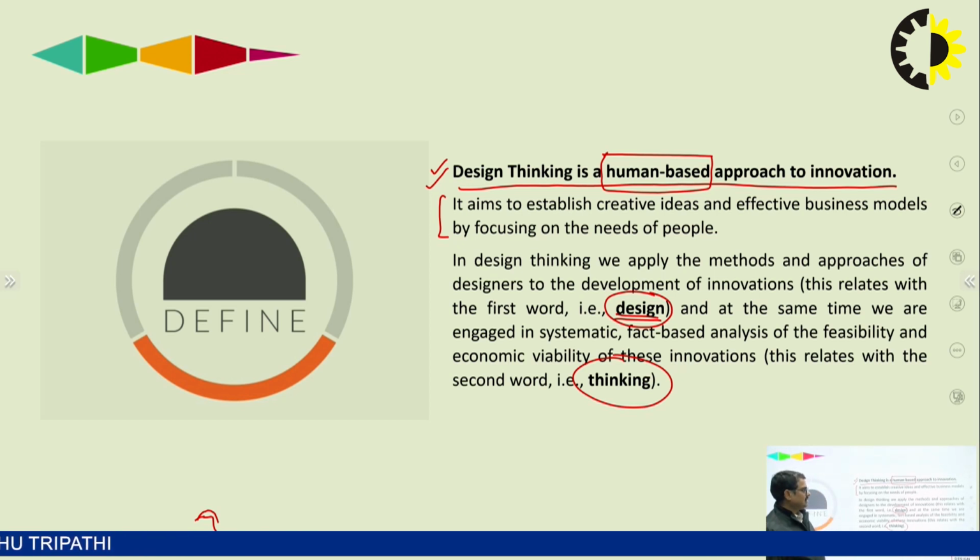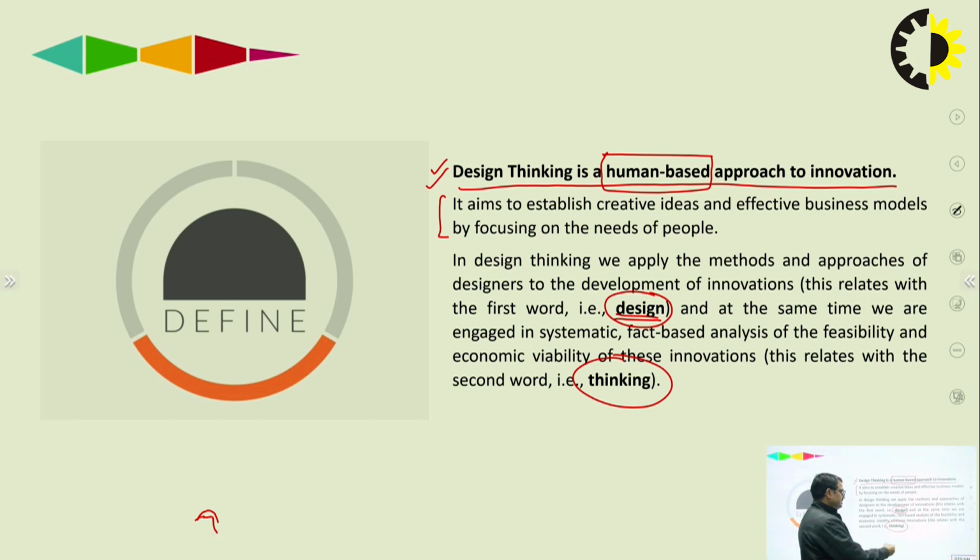So to make it a useful innovation, we need to put these parameters, and these parameters are basically reflecting the thinking part of this subject. Thinking means the creativity, the more analysis, more user friendly, more empathetic. So that is the reason, my story, that why we call this subject design thinking, because it involves two critical parameters.